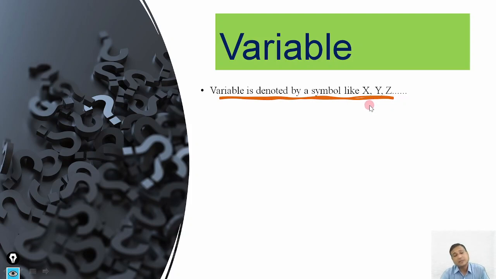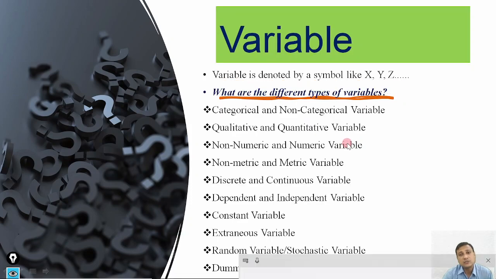There are different types of the variables. If you go to different books, you will find different names and different types of the variables with their own meanings. So we have tried here to summarize all those types, and here you can see the list of the different types of the variables like categorical variable, non-categorical, quantitative, qualitative, discrete, continuous.